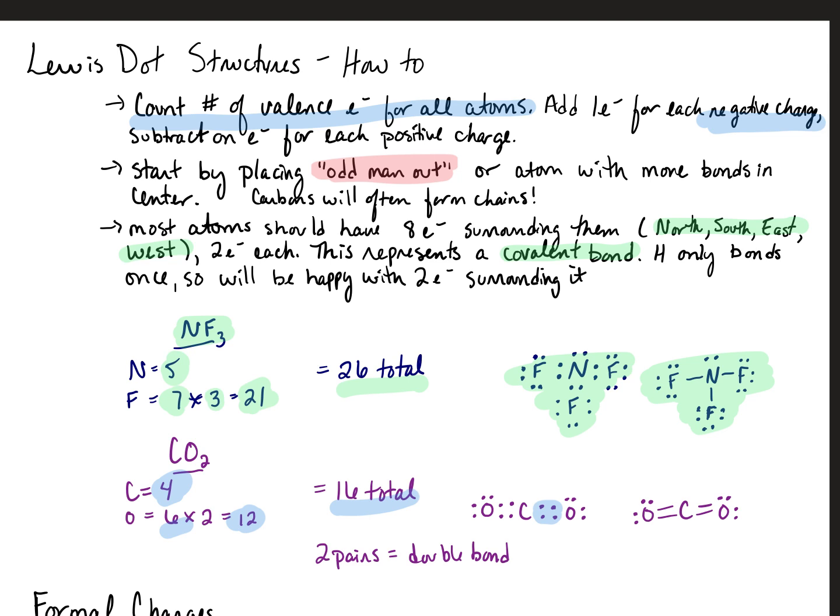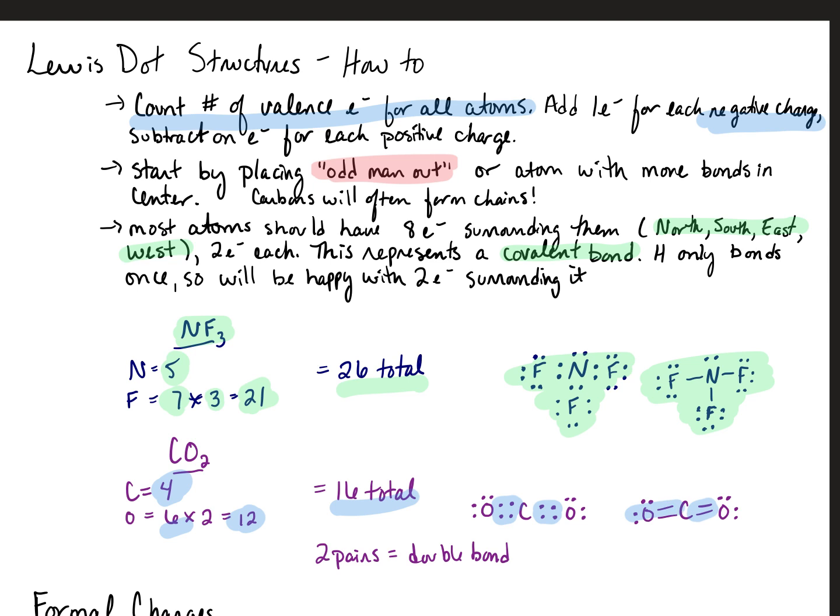So when we were just talking about on the previous page, carbon bonds 4 times and oxygen bonds twice, what that means is that we get a double bond between these guys. And so the 2 pairs of electrons that we draw between the carbon and oxygens here really represent 2 bonds.